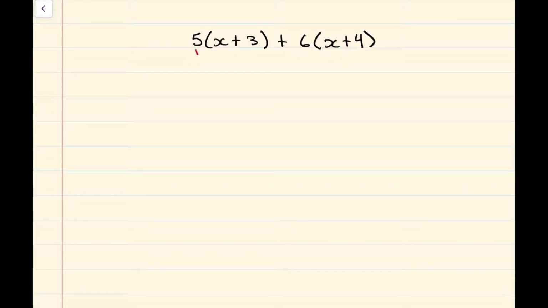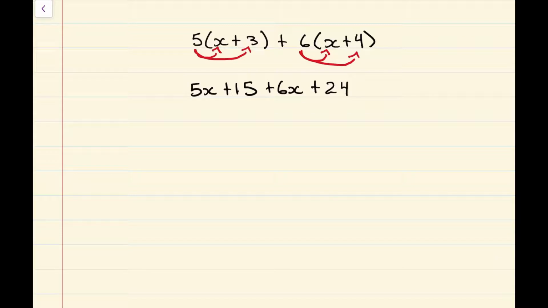We're going to multiply the 5 by the x, which is going to give us 5x. And then we're going to multiply the 5 by the 3, which will give us 15. And then let's just continue the question and multiply the 6 by the x, which will give us 6x. And then we're going to multiply the 6 by the 4, which will give us 24.